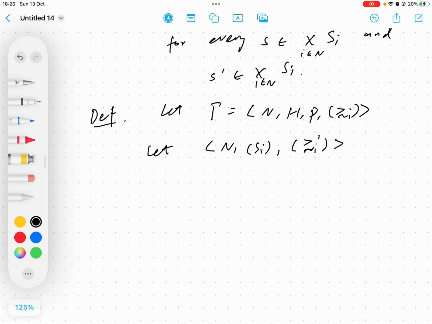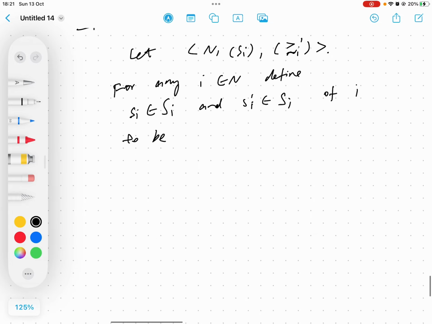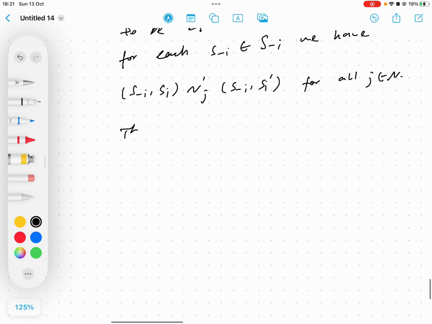For any i, define the strategies S i and S i prime of player i to be equivalent if for each S minus i, we have that S minus i, S i is equivalent for player j to S minus i, S i prime, for all j, okay?